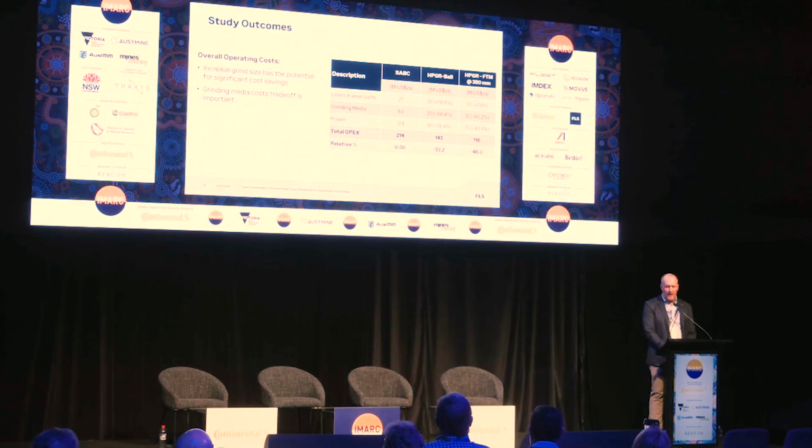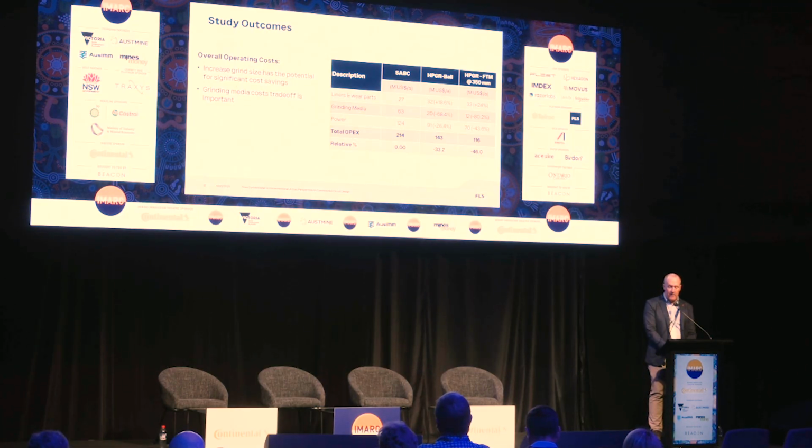Whereas against an HPGR, you're going to be converting some of that into wear parts, so the rollers, etc. But there was still quite a significant contribution overall in terms of grinding media to the study, and then obviously the natural effect of power came out of the equation.